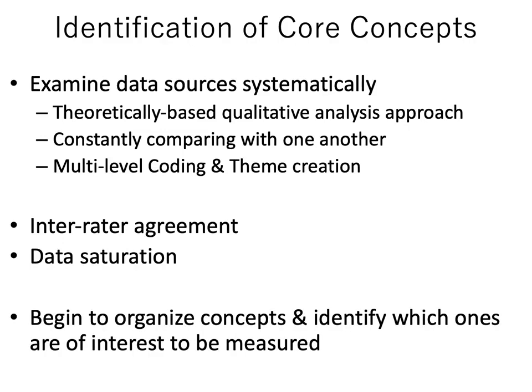So when you feel confident that you've identified a set of core concepts from the data, the next step is to begin to look at them and organize them in a way in which you can review relationships between concepts, or you might even be able to identify which ones are the ones that you're actually interested in creating a new PRO measure.